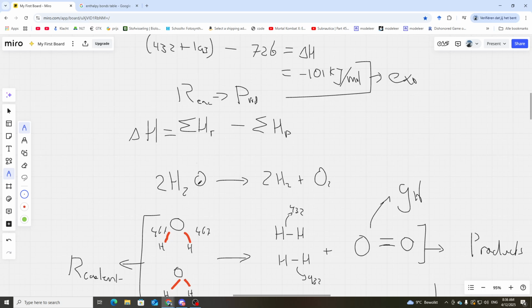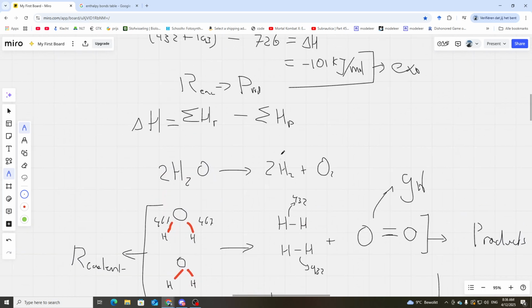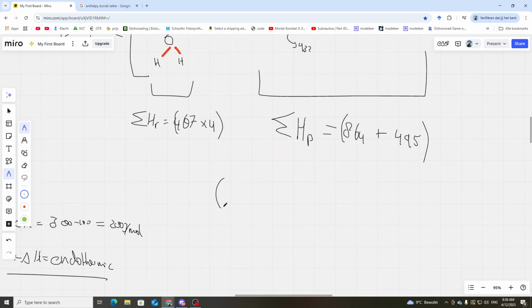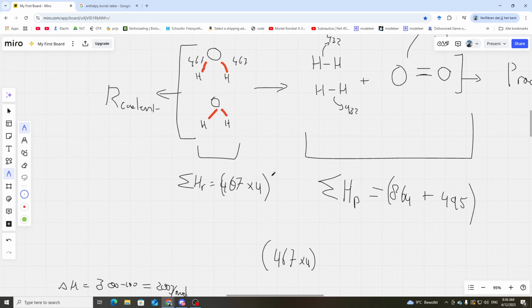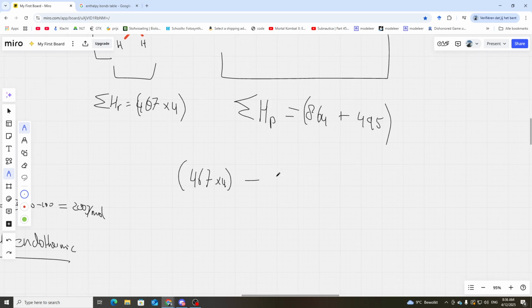We take that sum of reactants, this, and we subtract the sum of our products, which is this. So let's do that. 467 times 4, remember, because we had 4 OH bonds, minus, so you can turn this arrow into a minus sign, beautiful, minus 864 plus 495 is equal to our delta enthalpy.